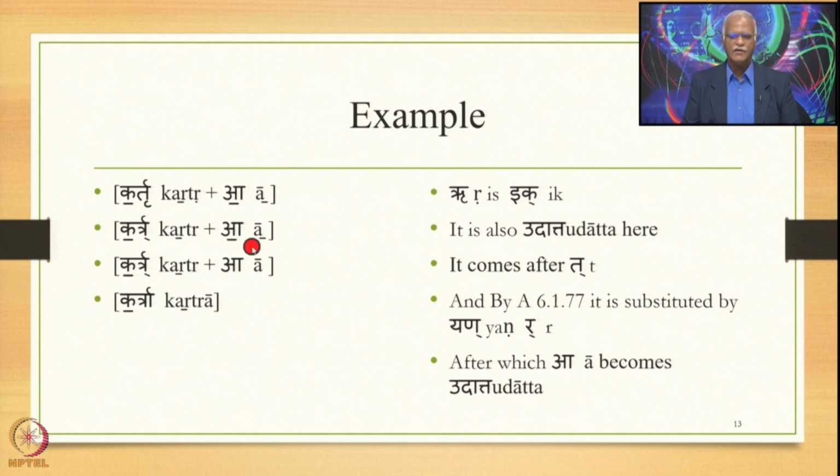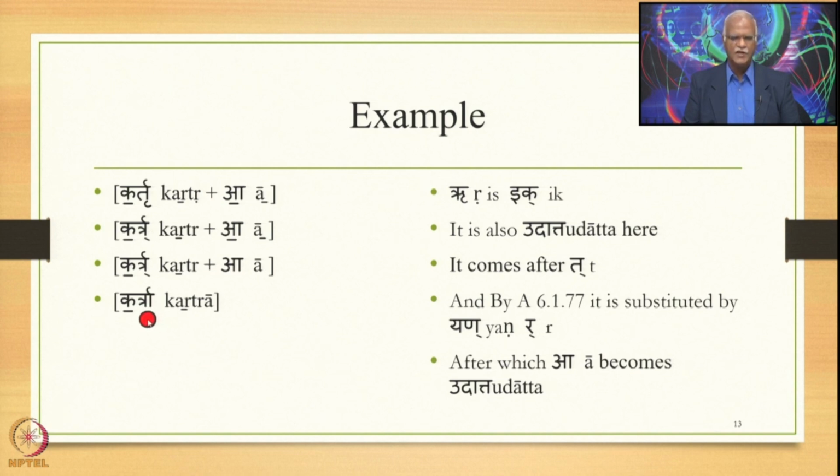Now 6.174 applies and says that this a is to be substituted by an udatta a. This is unmarked and this is an udatta a. And so we join this together and we get the form kartra where a is udatta.